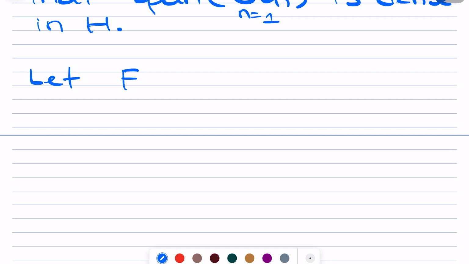So we set F to be the span of the union of the En.